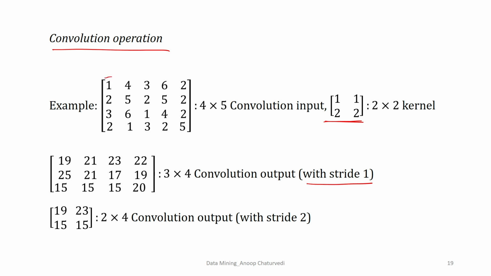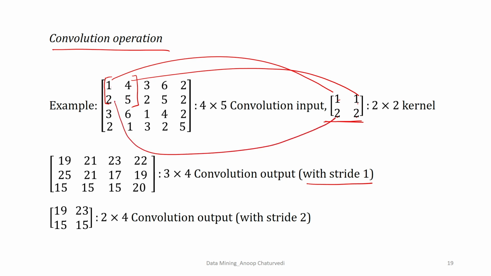We consider this matrix first. We multiply 1 by 1, 4 by 1, 2 by 2 and 5 by 2. This one is multiplied to this one, 4 to this one, 2 to this 2 and 5 to this 2, and then we add. So, ultimately you get 19.